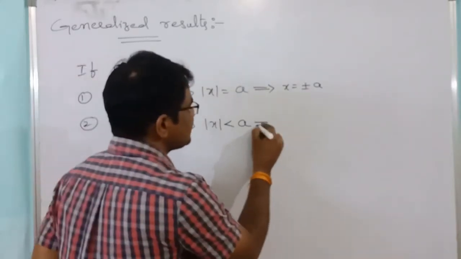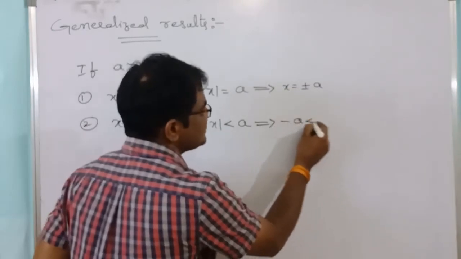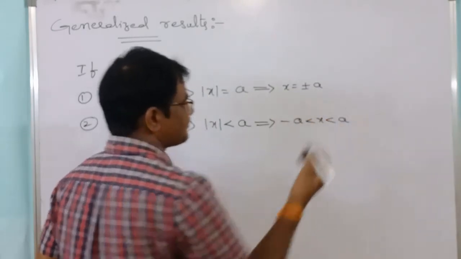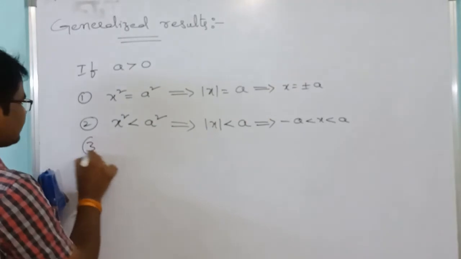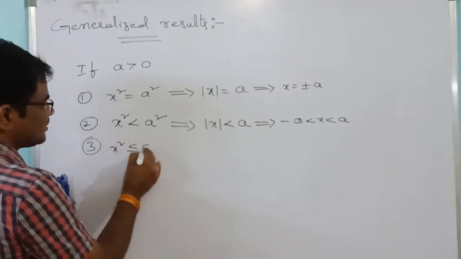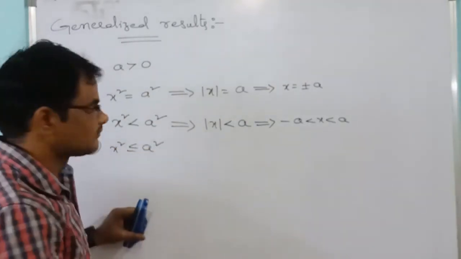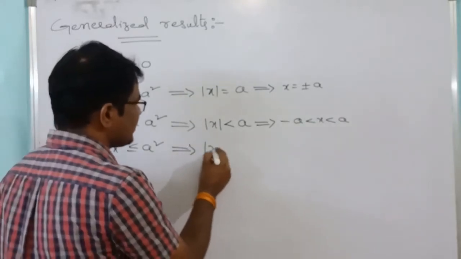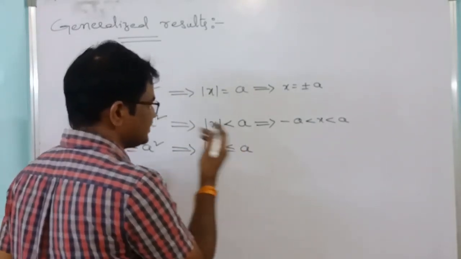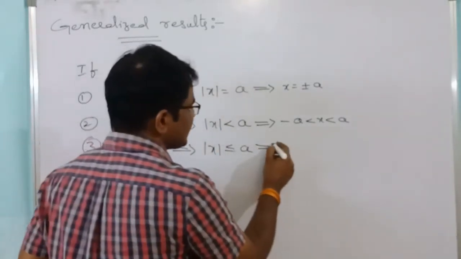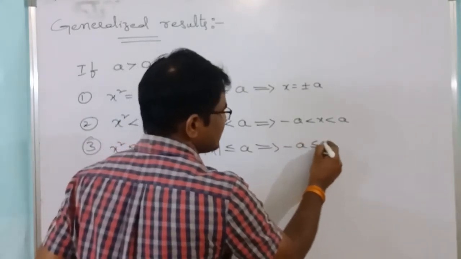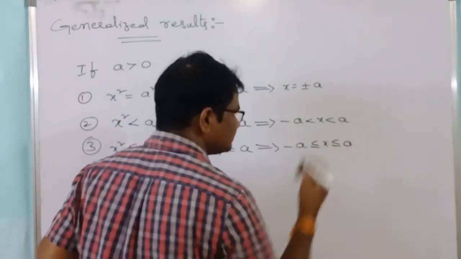So how to write it: minus a less than x less than a. Suppose x square less than or equal to a square is there. That implies mod x less than or equal to a.